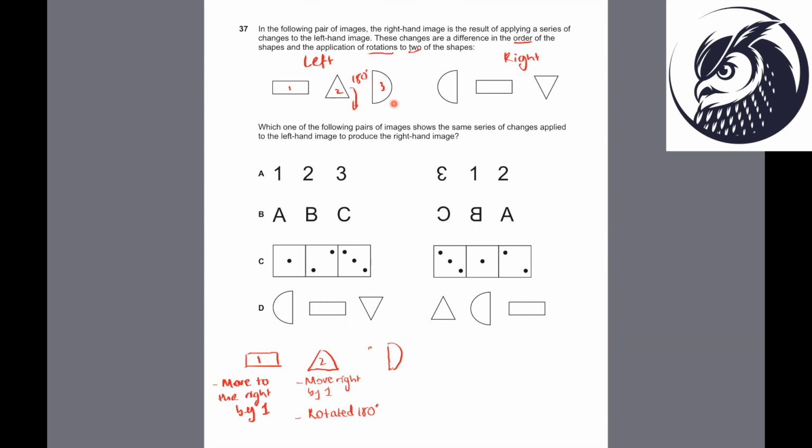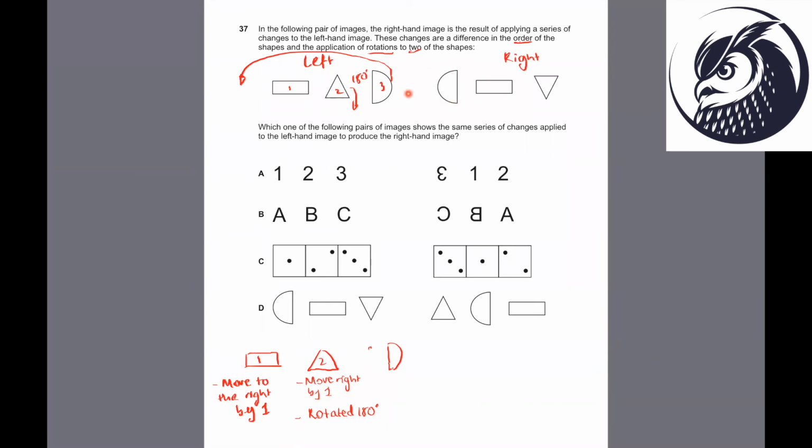Well, first of all, you notice that it goes from position number 3 to position number 1. So it actually goes all the way back to position number 1 over here. And what has happened to the orientation of this semicircle? Well, before the curved surface was facing towards the right, now the curved surface is facing towards the left.